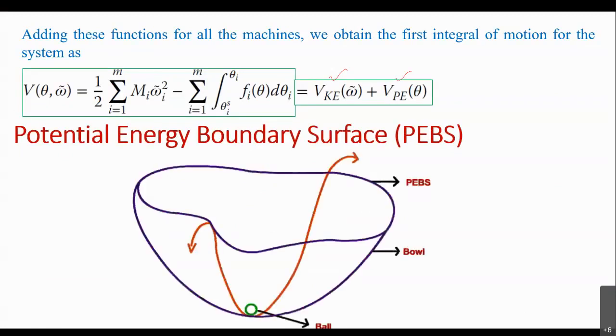The potential energy boundary surface method is nothing but when the system reaches the critical point, the boundary, which we call the potential energy boundary.